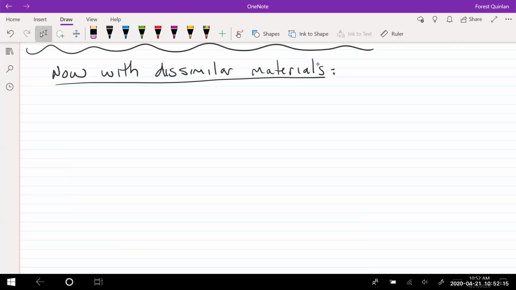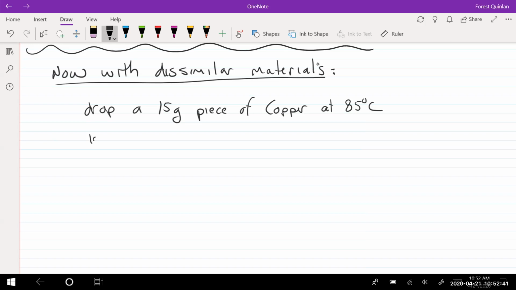So here's the thing. Ooh, whimsical. All right. We're going to drop a 15-gram piece of copper at 85 degrees Celsius into 50 mils of water at 25 degrees Celsius.